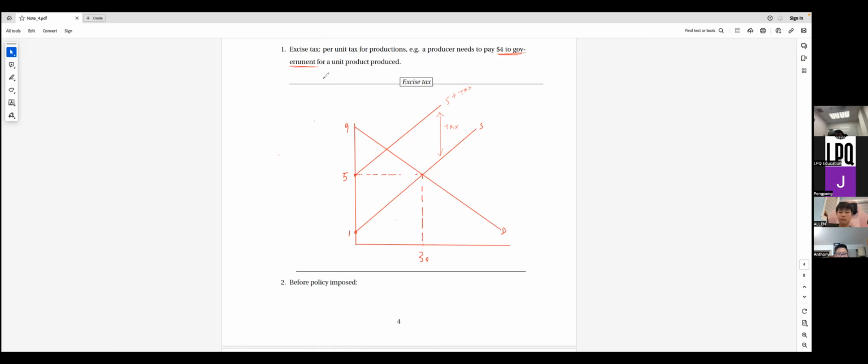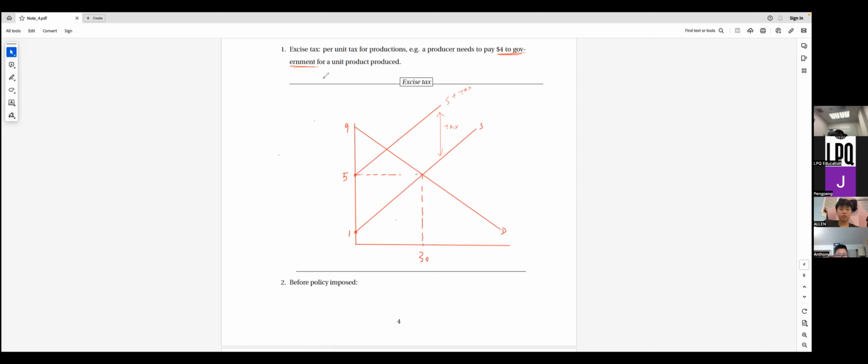Once the government adds a tax into this industry, as a producer, naturally you want to reduce the quantity you produce, right? So you shift your supply curve to left. But the next question is how much you need to shift your supply curve to left.